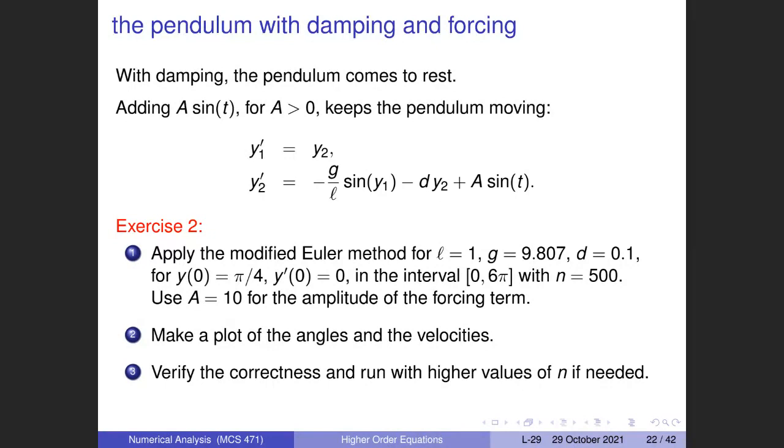There is a periodic forcing term that is applied. There is an amplitude A, and that will keep the pendulum moving, so it keeps the pendulum from coming to a rest.